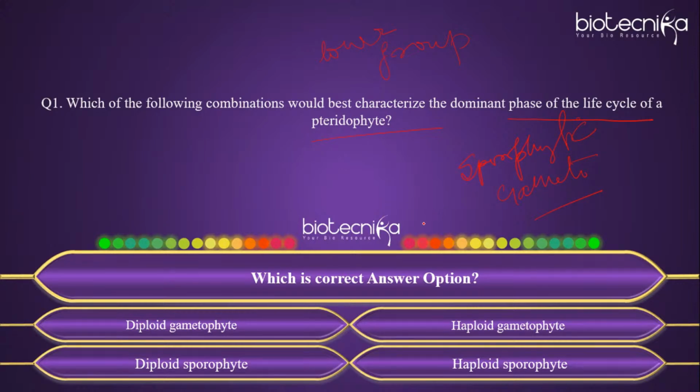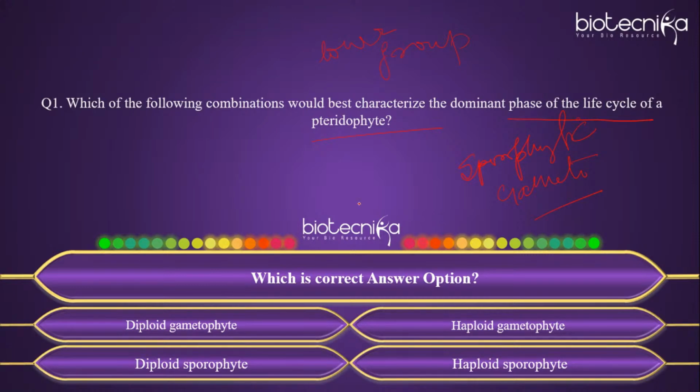Why so? Because cryptogams do not have shoot-root differentiation. They have a compact thalloid structure with reproductive structures on it. The reproductive structures are very predominant, and hence the gametophytic phase is dominant for them.